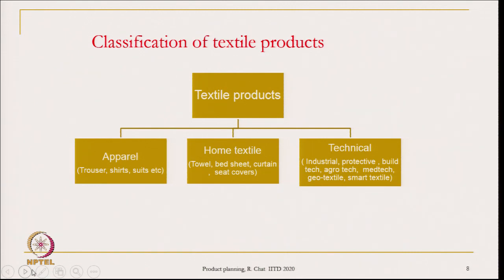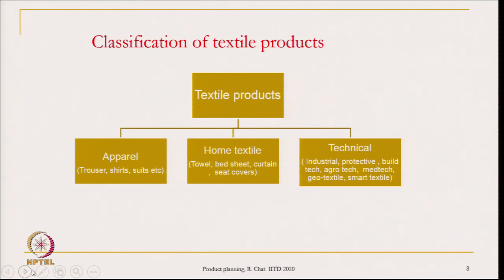Nowadays, technical textile products are becoming very important. And therefore, here we have industrial products, protective textiles, build tech, agrotech, medical textile products, geotextile products, smart textiles, and many more are coming.